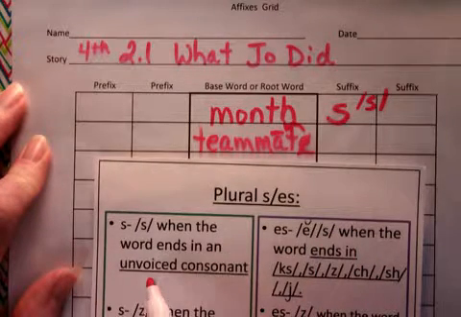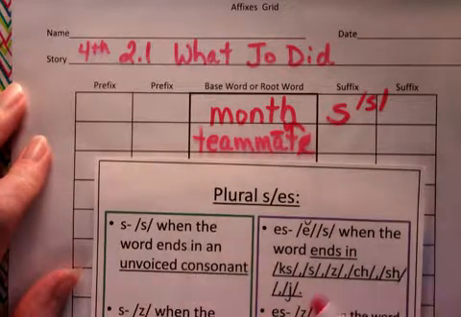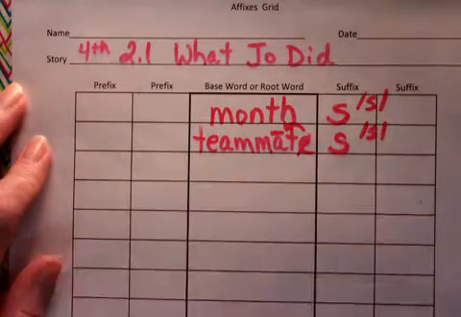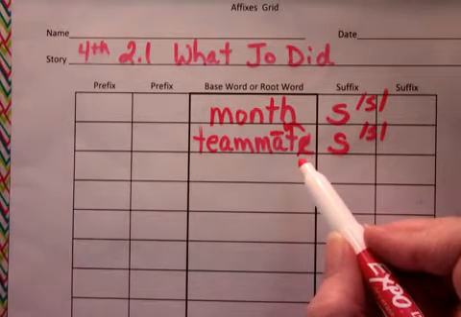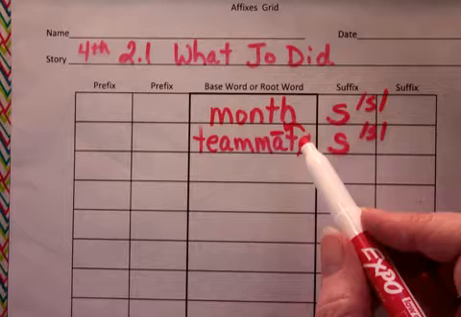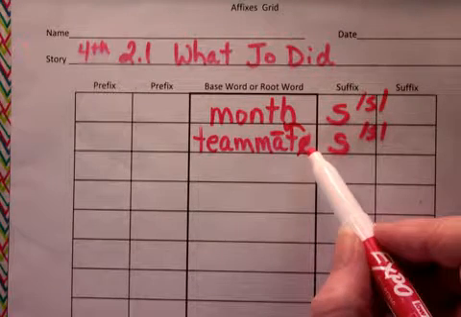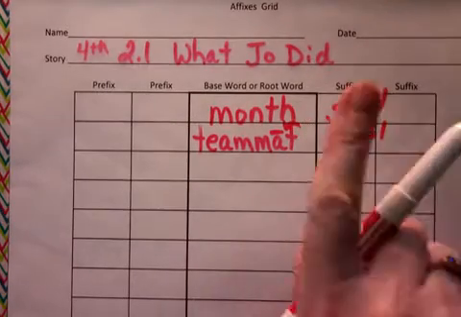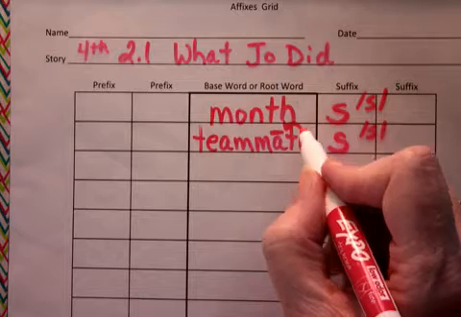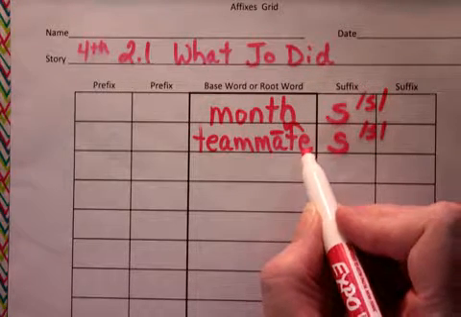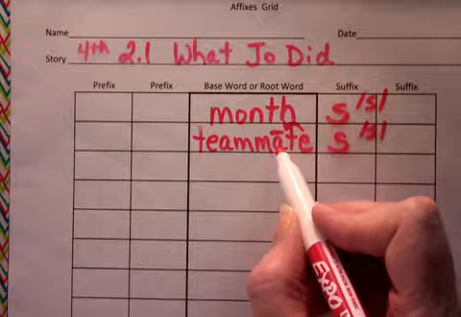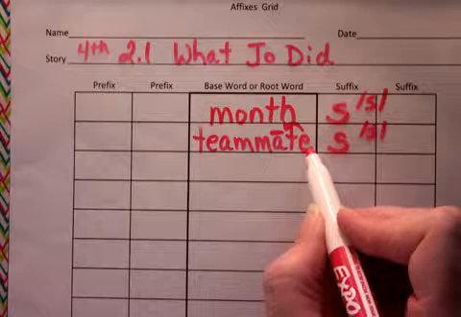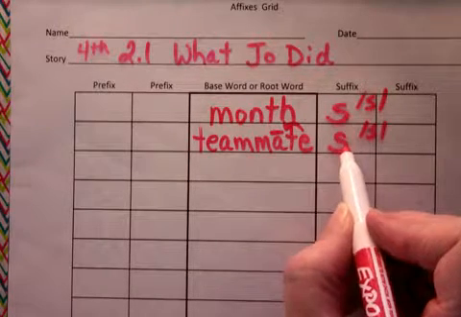Unvoiced consonant, we add the S and it says S. Now when you write the word for your spelling test, or when you're writing an essay or something, and you have a silent E, you will not drop the E to add the S. The E has to stay there because it's part of the base word, helping that A say its long sound. You will leave the E there and add the S.